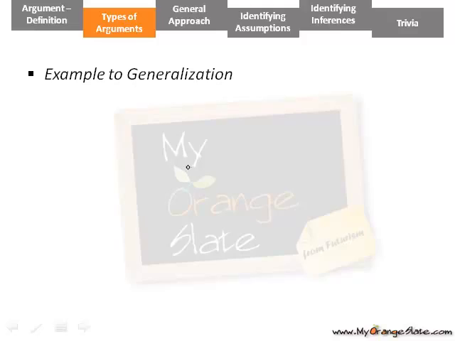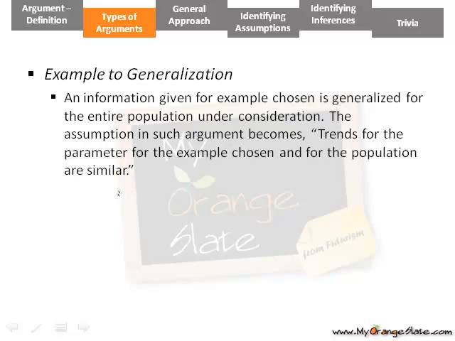You may also find arguments where an example is generalized, where the premise relies on information related to a set, whereas a conclusion is made for a superset. Thus the assumption in such cases becomes trends for the parameter for the example chosen and for the population are similar.